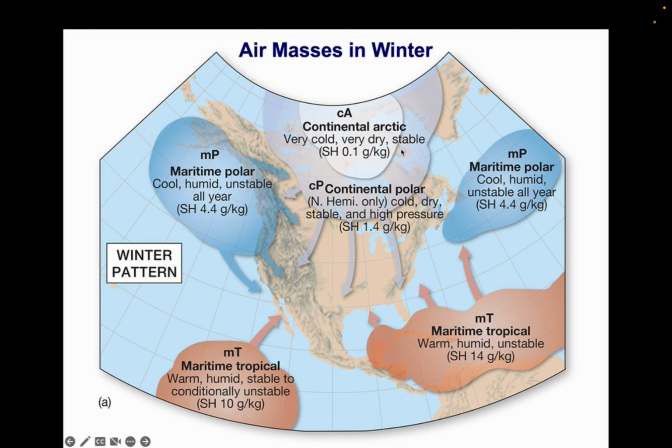So what's the difference between stable air and unstable air? What did I say in the previous lecture? Typically, you would expect the temperature to decrease as you go up in altitude.